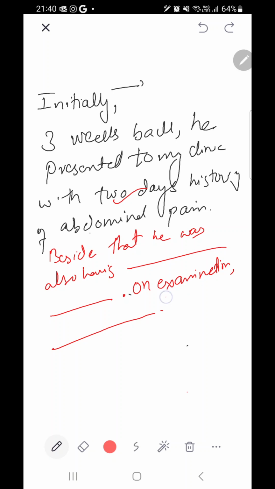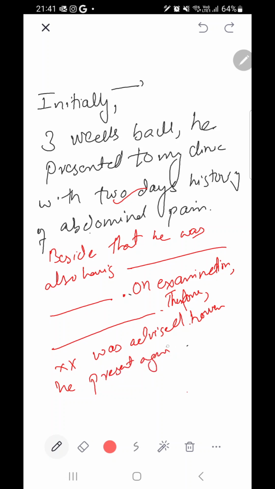Therefore, blah blah medicine was advised, right? Let's say, however, he presented again with worsening of blah blah. Therefore, blah blah medicine was changed and blah blah test was recommended. So this is the sequence of your paragraph.